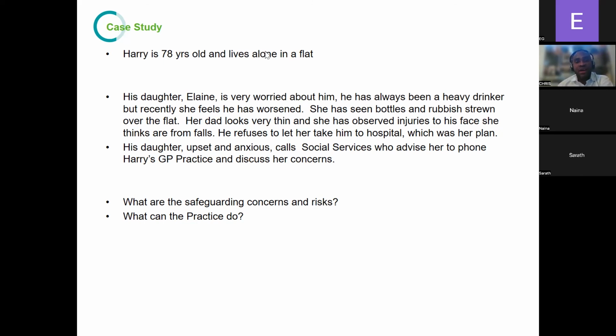So one of the concerns is that because Harry lives alone, he has high chances of being abused, considering his age. He's old. Some of the factors that make that possible is that he's a heavy drinker. If he drinks and he becomes drunk, he can leave money anywhere. When care workers and support workers come to take care of him, they can steal off him without him knowing because he's drunk.